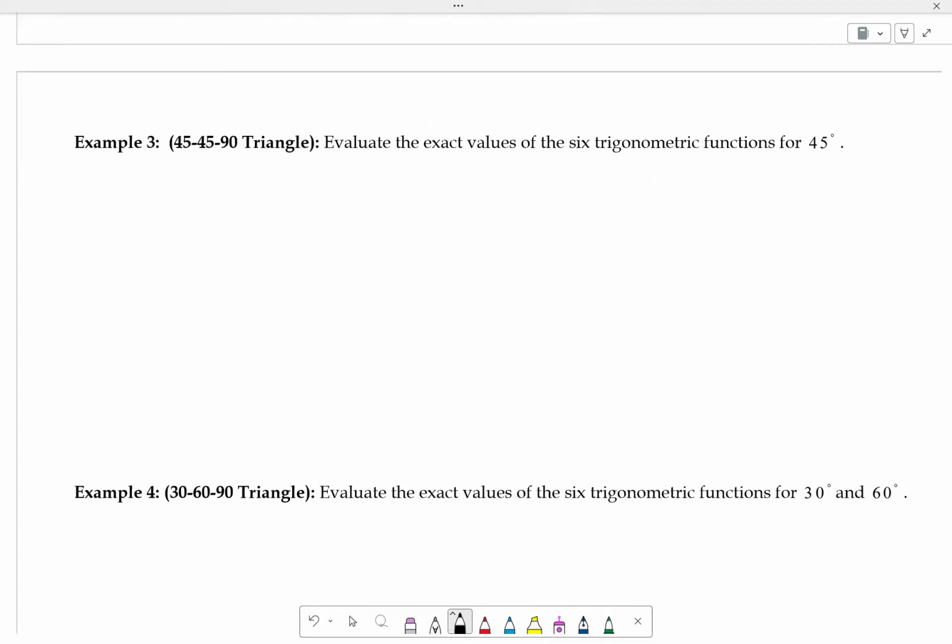Like something like this. Which leg is the largest in a 45, 45, 90? Which leg is longest? Yeah, they're the same. They're equal.